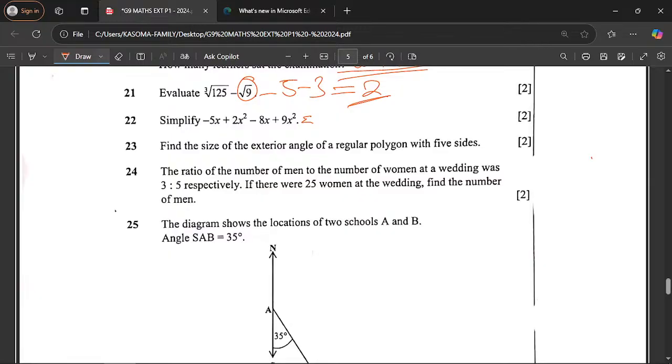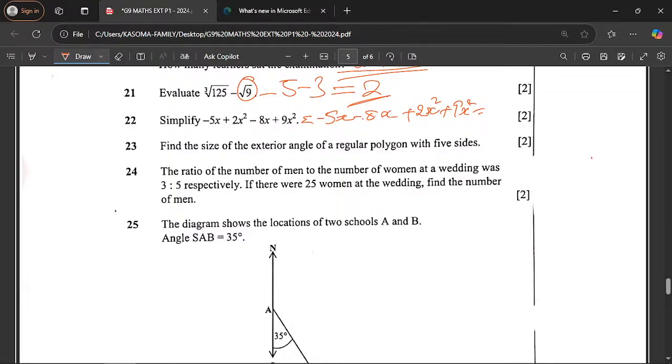We have negative 5x, negative 8x, and then we have plus 2x squared plus 9x squared.